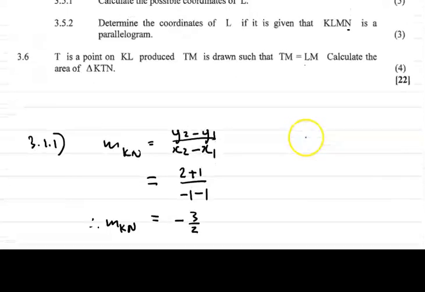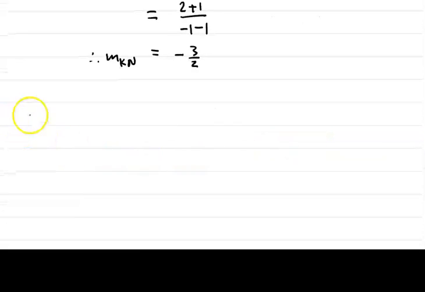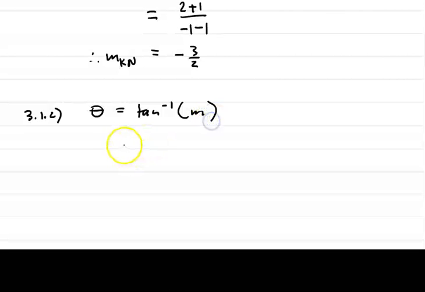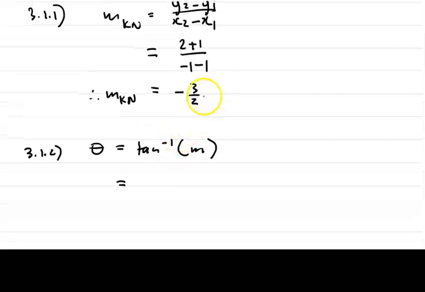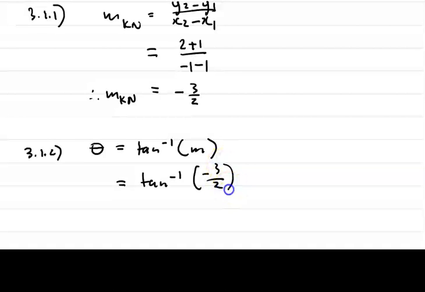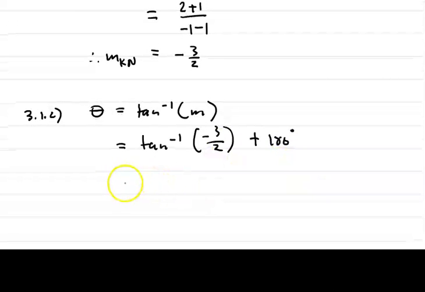Therefore, for 3.1.2, our solution would look as follows. We'll say theta equals tan inverse of m, and remember the gradient we just found in the previous question, which is -3 over 2. So we'll say tan inverse of -3 over 2, but because this is a negative gradient, we must add 180 degrees because we're going to get an obtuse angle.